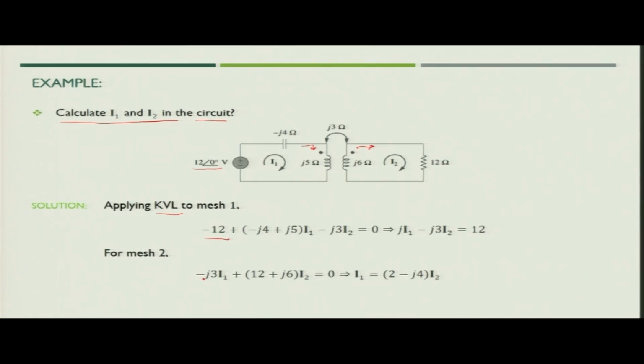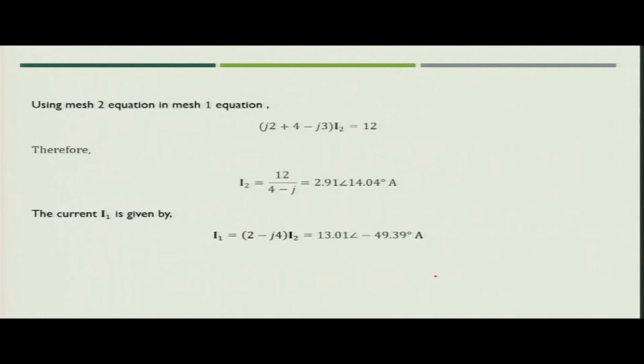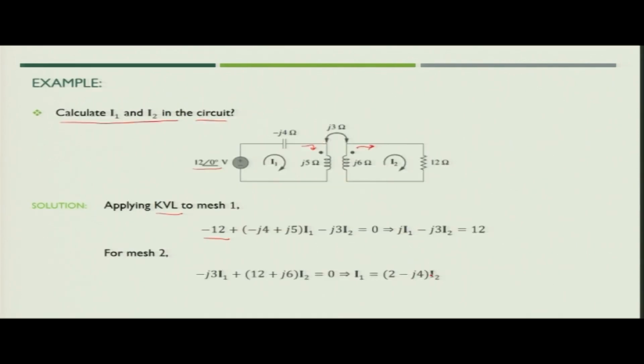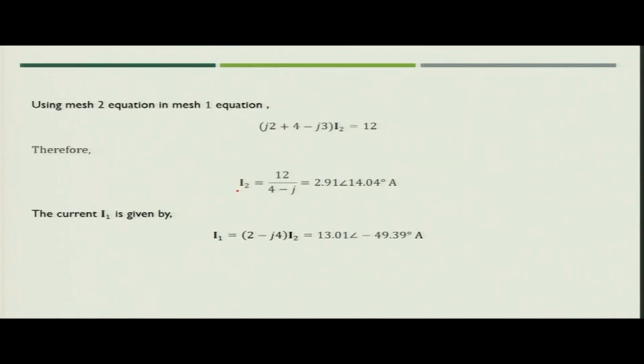For mesh 2 you can write -j3 I1 + (12 + j6) I2 = 0, and if you simplify you get I1 = (2 - j4) I2. Now, put this in the first mesh equation and simplify, and you get I2 as 2.91 angle 14.04 and I1 = (2 - j4) I2, that is 13.01 angle -49.39.